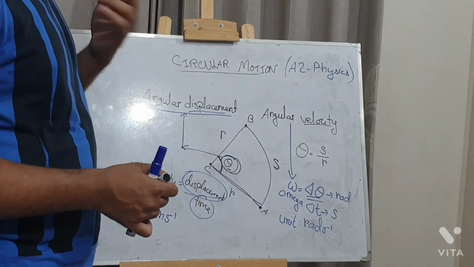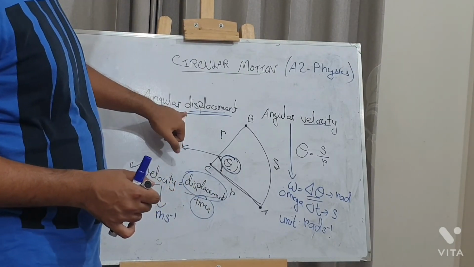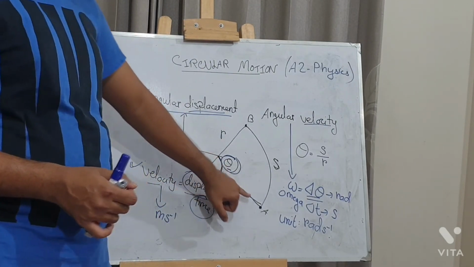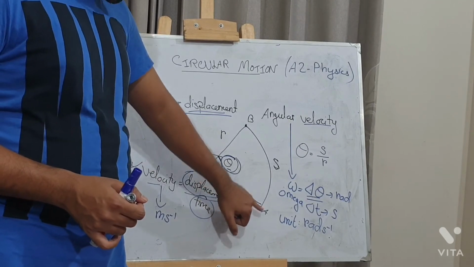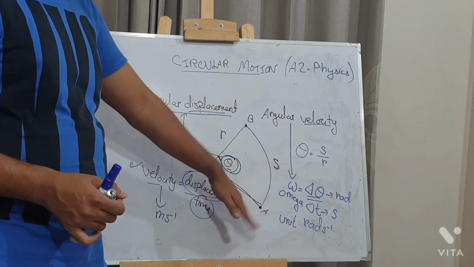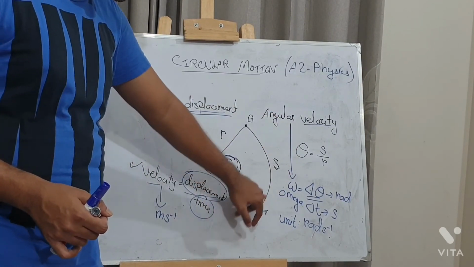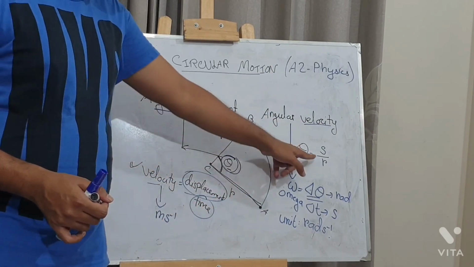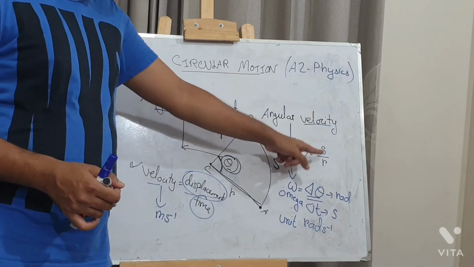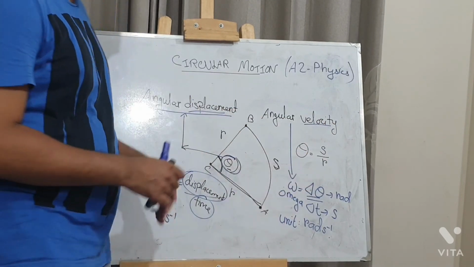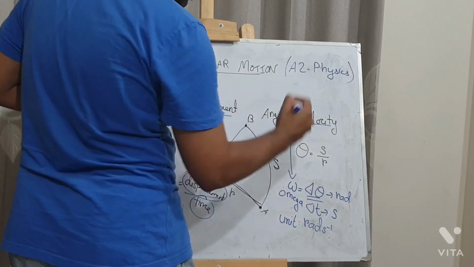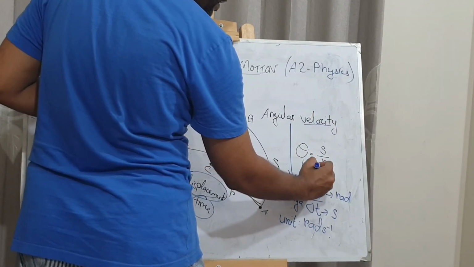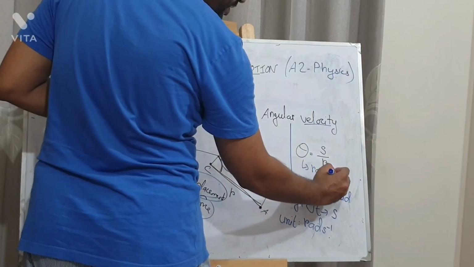Again, angular displacement is basically the angle through which an object moves from point A to point B or from any other points when it's moving in a circular path. That angle is found using the equation theta equals s by r, which is arc length divided by radius. You already know this theta which we are finding here is always measured in radians, not in degrees.